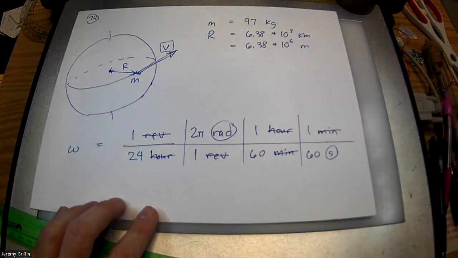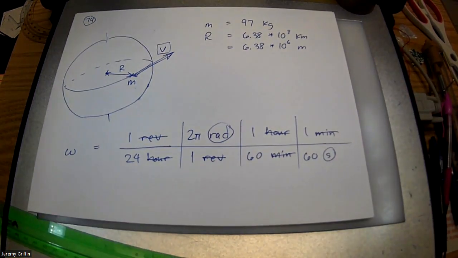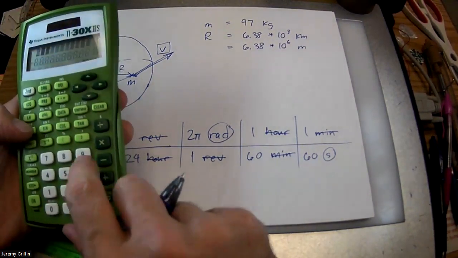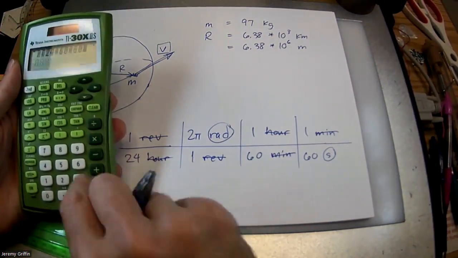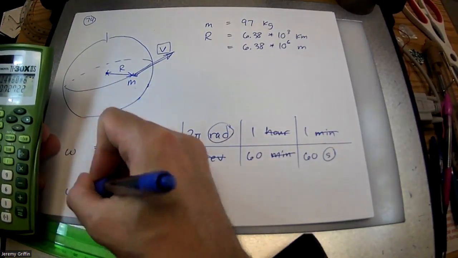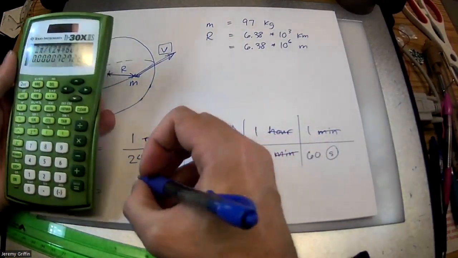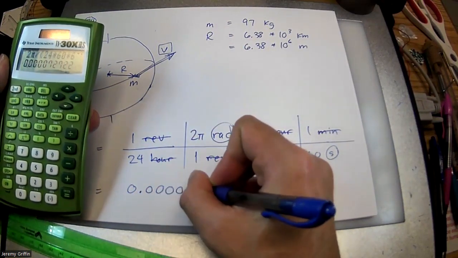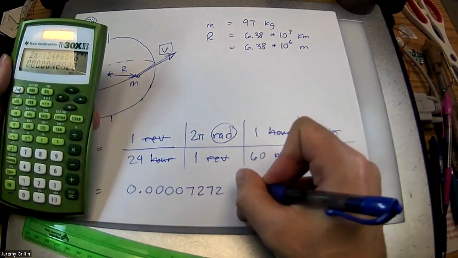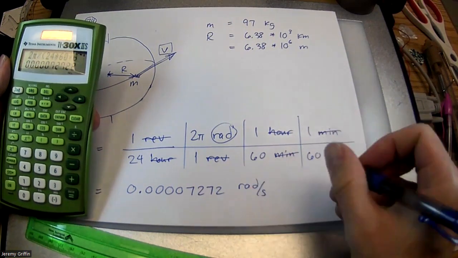Radians per second. So what's 2 pi divided by open parenthesis 24 by 60 by 60? Here is the angular velocity of the Earth: 0.00007272 radians per second.